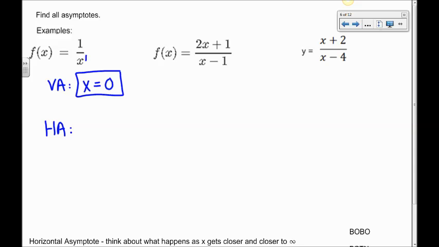In the denominator, we have 1. In the numerator, is actually x to the 0, or just 1. So it happens that our powers of x are bigger on the bottom. So bigger on the bottom, our horizontal asymptote is 0. So y equals 0.